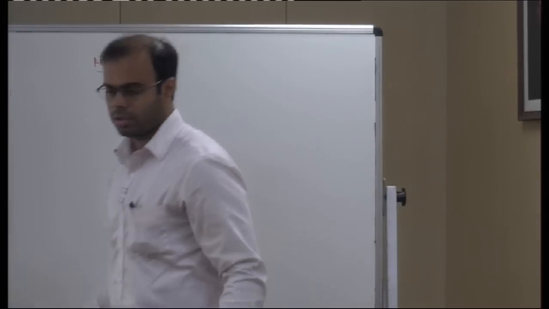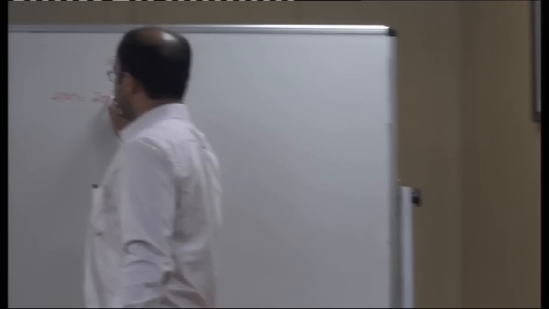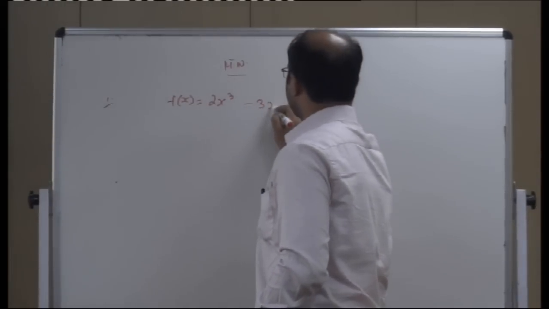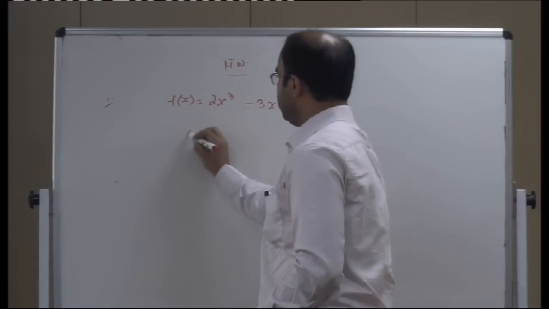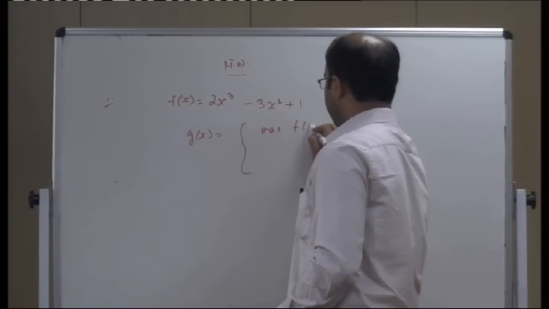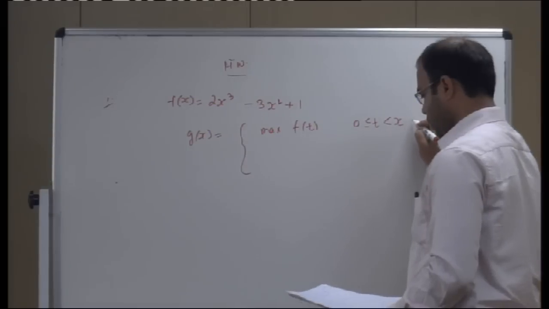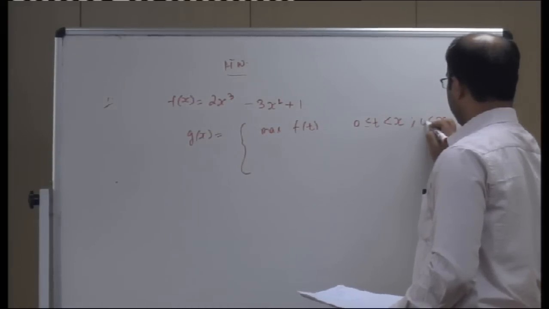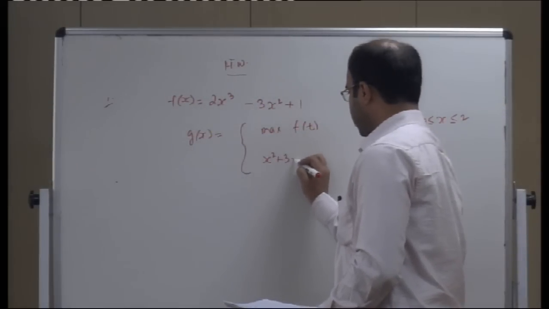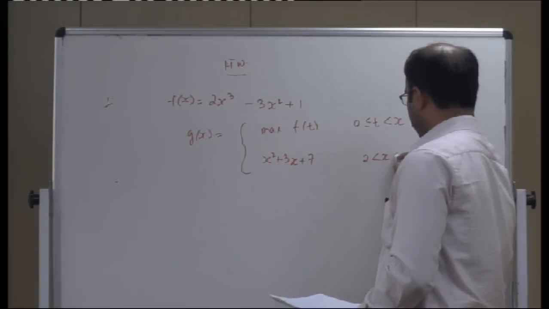So first we have to discuss that question. The question was, there was a function f(x) = 2x³ − 3x² + 1, and there was another function g(x) equal to the maximum of f(t), where t is between 0 and x, and x is between 0 and 2, and another function x² + 3x + 7 for g(x), where x is between 2 and 3.